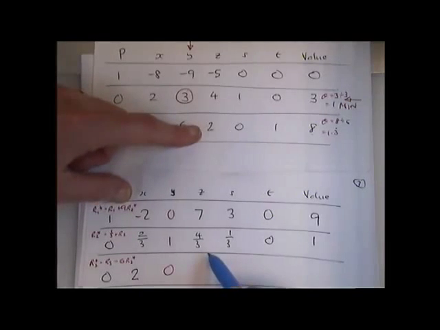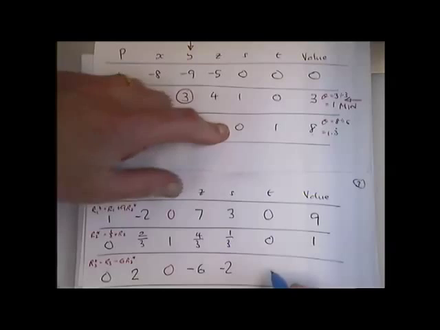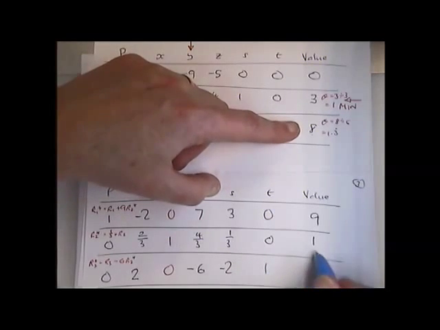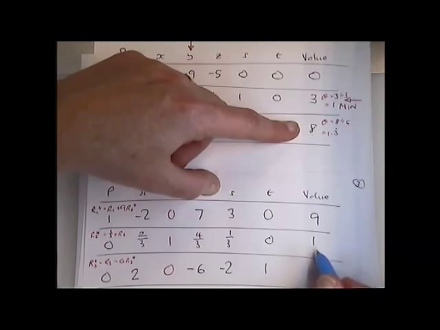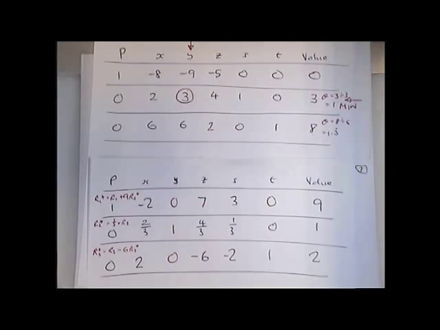Then it's 2, take away 6 times 4/3. That is correct, thank you, Harriet. 0, take away 6/3. -2. 1, take away 6 zeros. 1. And 8, take away 6 ones. 2. Okay? And there we've finished that next tableau.